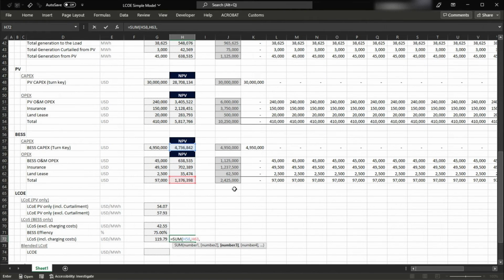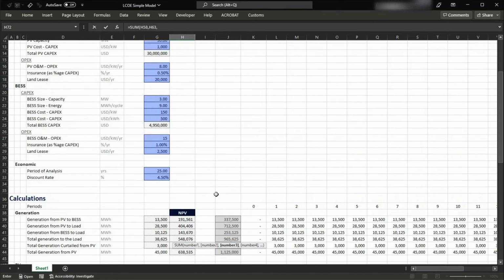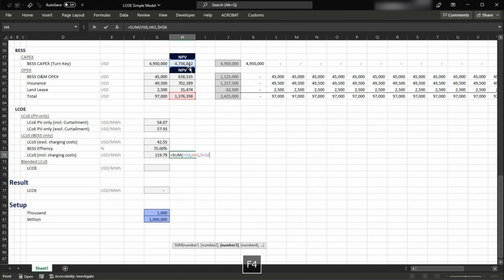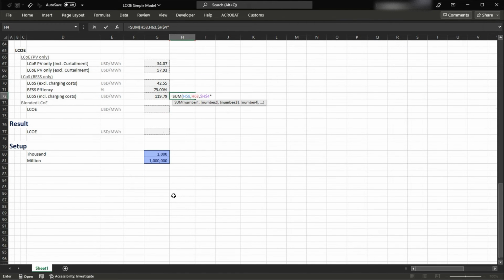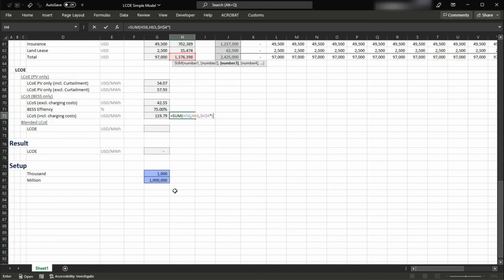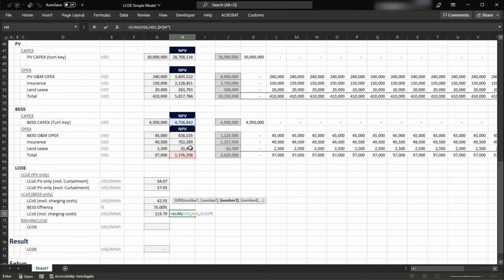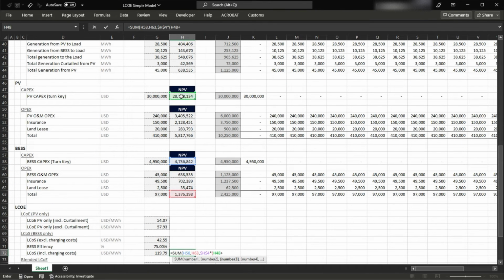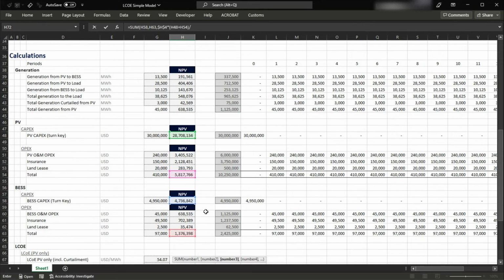So I'm going to say plus 32%, which is this number here, times this number here plus this number here. And now I'm going to divide it by the total generation to the BESS only, the NPV of the generation from BESS to load, this number here.